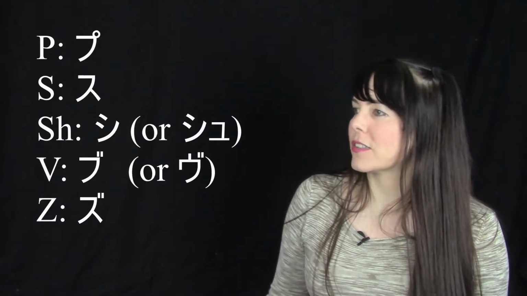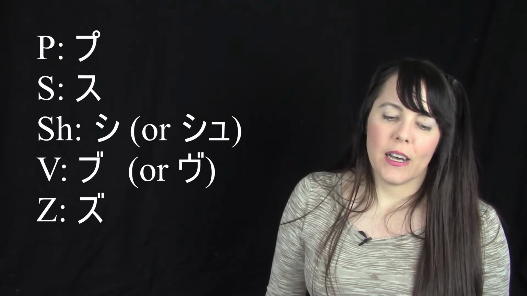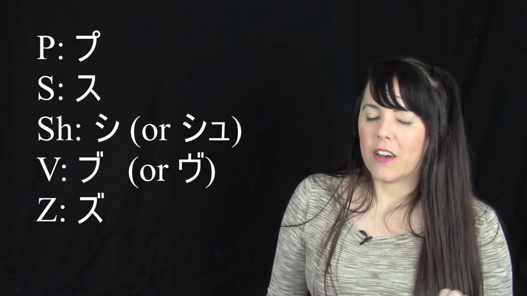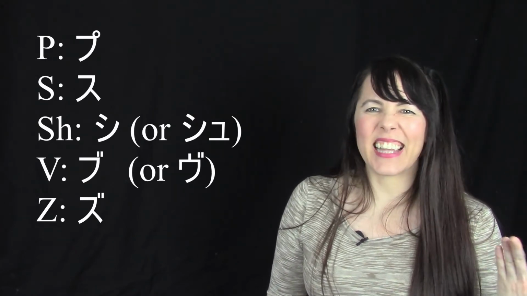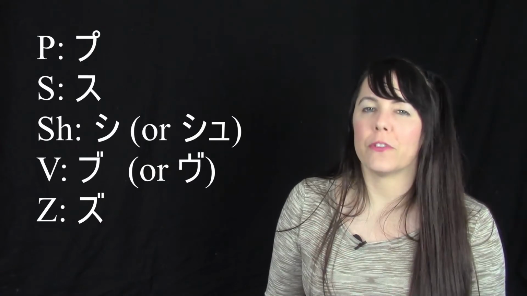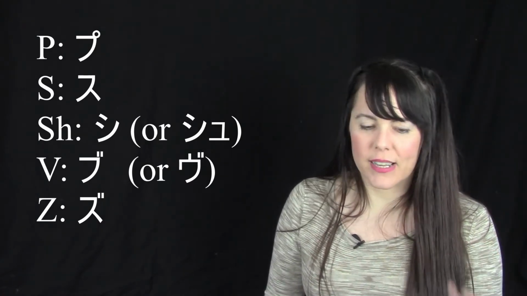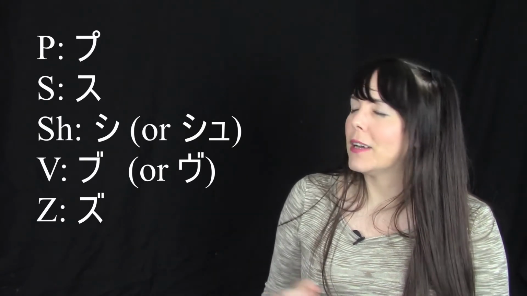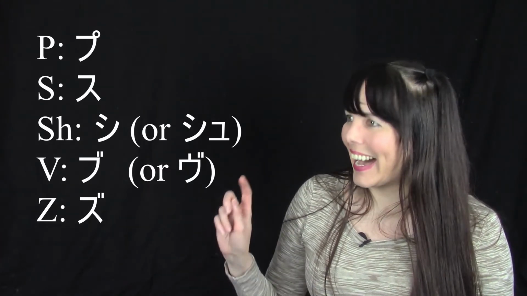The letter P is approximated with pu. The letter S is approximated with su. SH is shi or shu sometimes. The letter V is either bu, since a lot of languages don't have the v sound and whenever they speak English, they pronounce it b instead. Japanese does that too, but they can also approximate v by taking, here's a fun one, hiragana u and then adding dakuten after it.